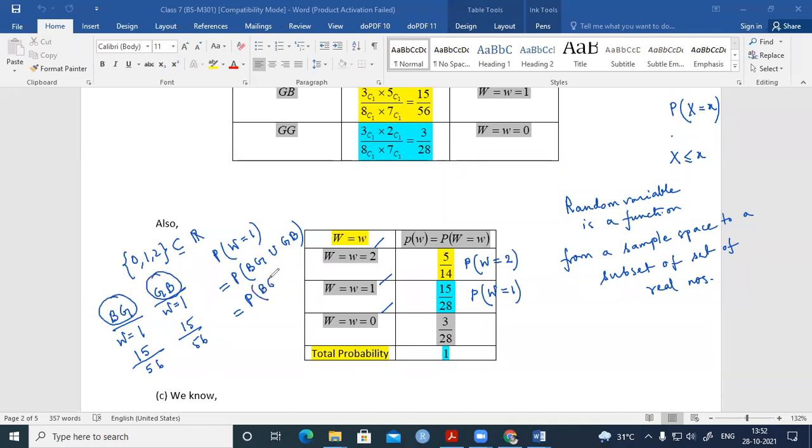So this will be probability of BG plus probability of GB, and we get 2 into 15 by 56. From there, we have got this value, 15 by 28. Therefore, it is written 15 by 28 over here. Okay, let's proceed.